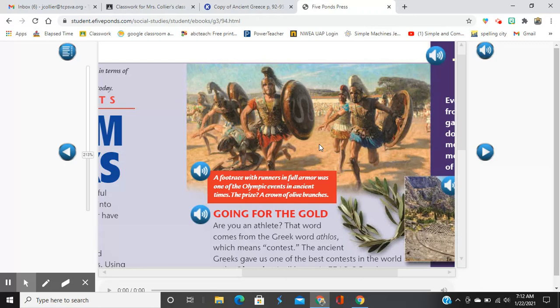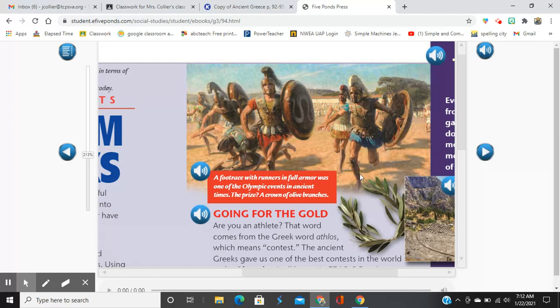Their shoes are going to be high-tech, very lightweight shoes so that they can run quicker. And now that's what we do. But then they would run in full armor as though they were going to battle for each race. So that would have changed things very much. Look here at the little metal pieces they would have had formed around the front of their legs from their knees down.